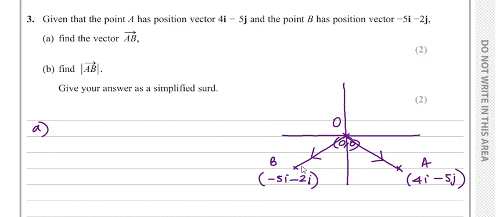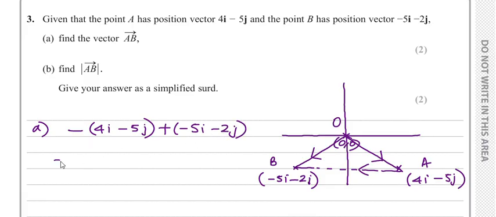The question is asking us to find what is vector AB. So let's put this arrow here. In order to reach B from A, suppose we go from A to O, it will become minus of this, 4i minus 5j. So minus (4i minus 5j) plus (minus 5i minus 2j).